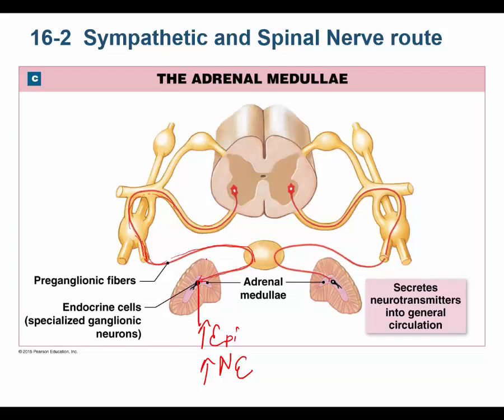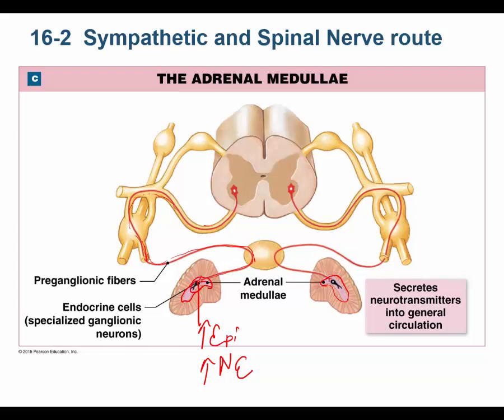Well, as it turns out, embryonically, this adrenal medulla actually formed from postganglionic. Well, it actually didn't form from postganglionic nerves. How do I want to tell you this? The adrenal medulla cells are really just modified postganglionic neurons.